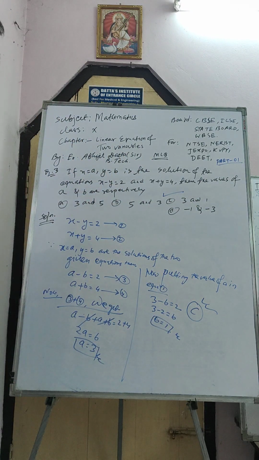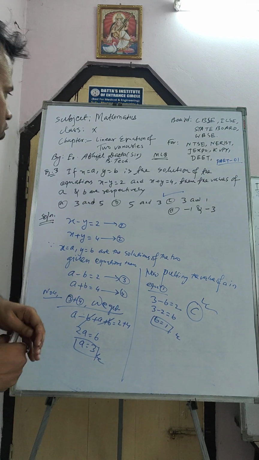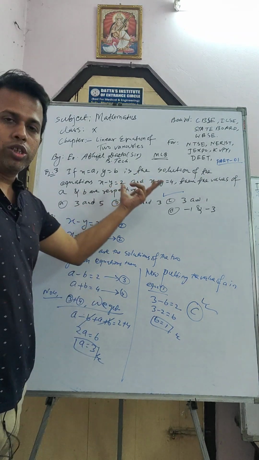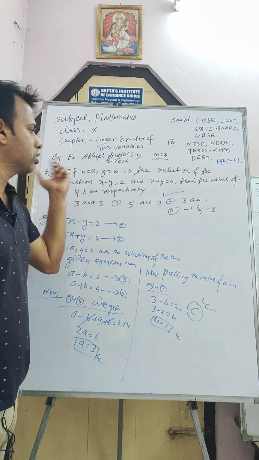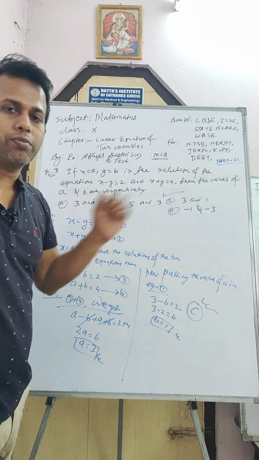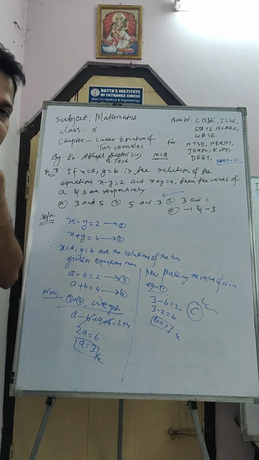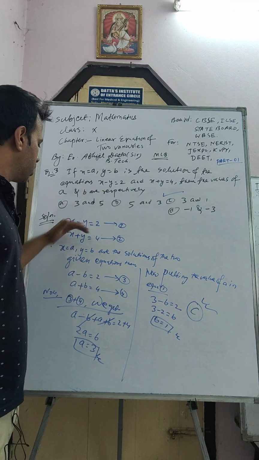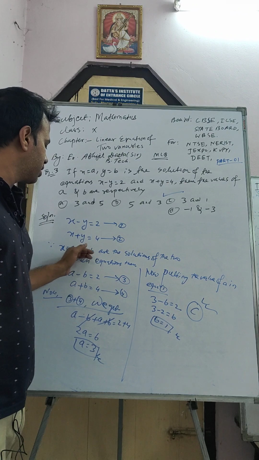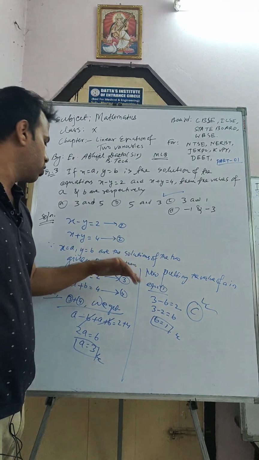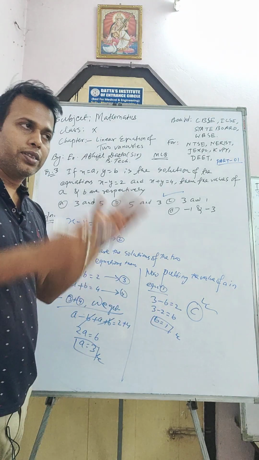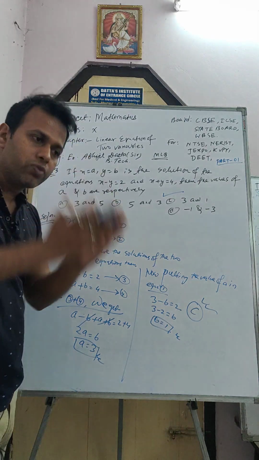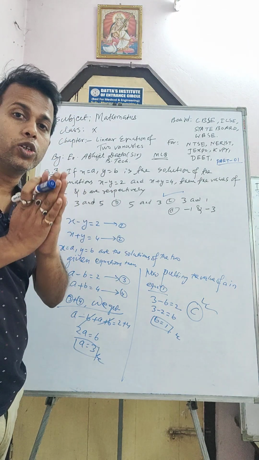Okay, got the point? So let me explain in short again. There are two equations given and the solution of the equations is given in the form of constants, that is a and b. So now we have to find out the value of a and b. How can I find out? Since x equal to a and y equal to b are the solution of the given equations, then the values of x and y should satisfy equation 1 and equation 2.